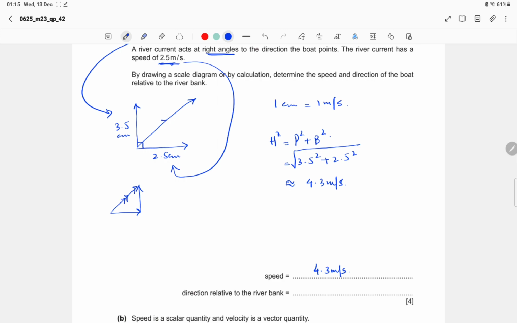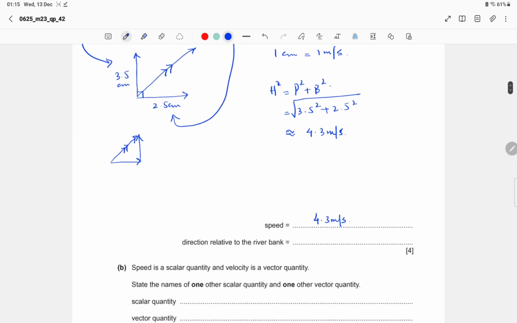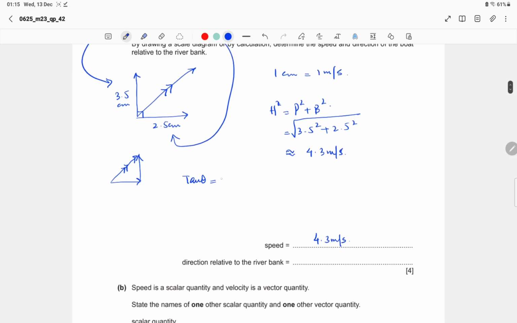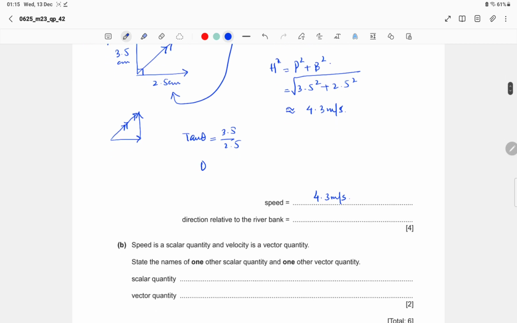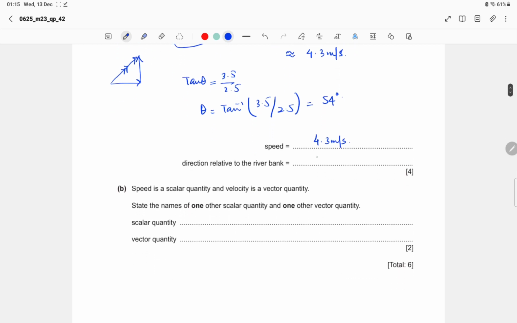Now you can apply tan theta equals perpendicular over base. So tan inverse of 3.5 divided by 2.5 is approximately equal to 54 degrees. So the direction would be 54 degrees.